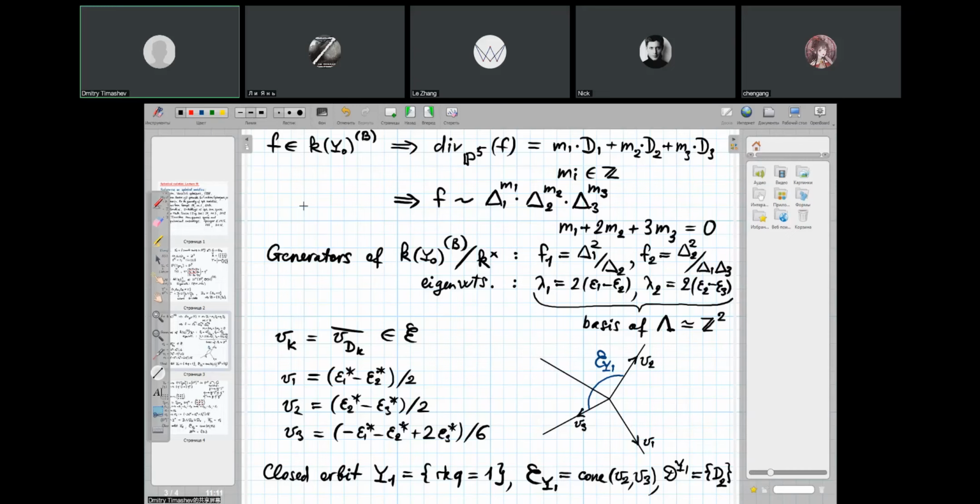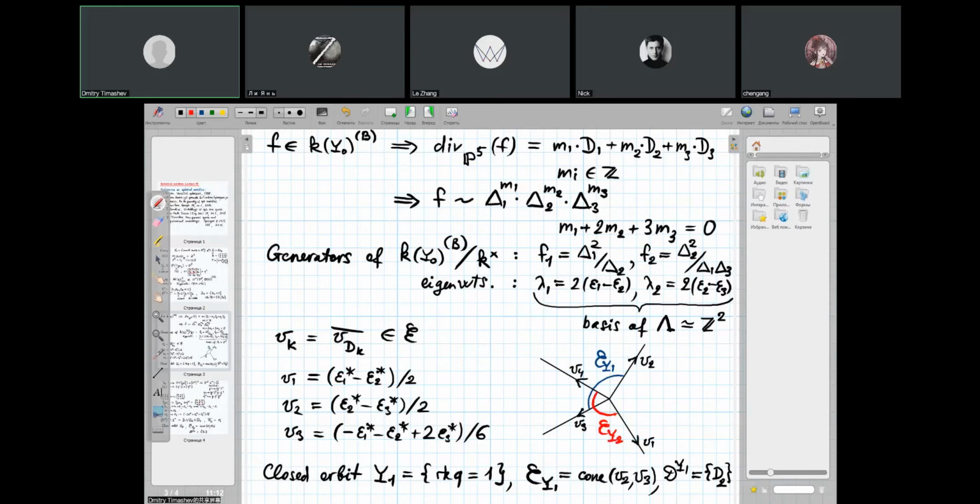So this vector will be v4, and the colored cone now will be this one, spanned by v4 and v1. So this will be C, Y2.